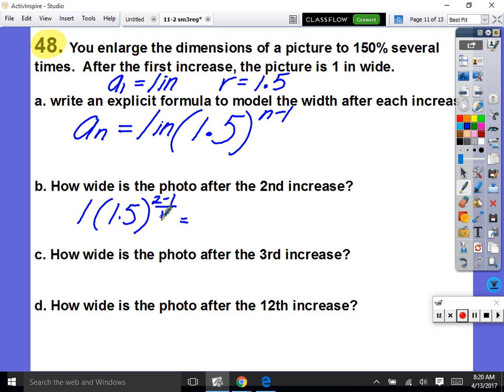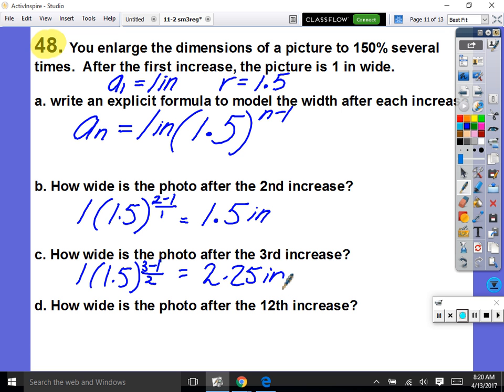So 1.5 to the first is just 1.5. 1.5 times 1 is 1.5. So it's 1.5 inches. It says, how wide is the photo after the third increase? So we'd be doing 1 times 1.5 and then 3 minus 1, which would become a 2. So you type in your calculator, 1 times 1.5 squared, and you would get 2.25 inches.